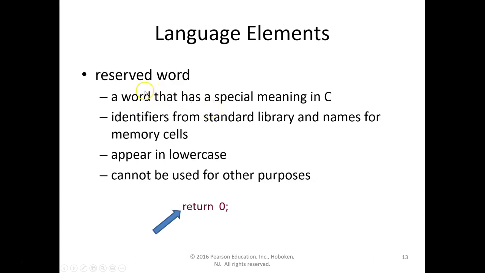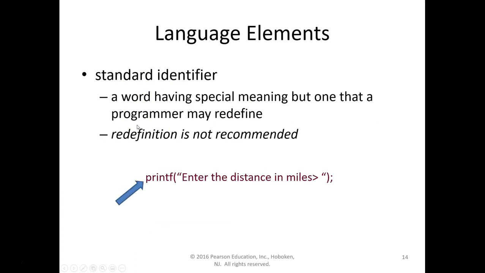You shouldn't use those words as variables in your own program. And then you have a standard identifier, printf, like I told you. To be able to use printf, you have to import the standard input library, and it just prints this here on the screen.